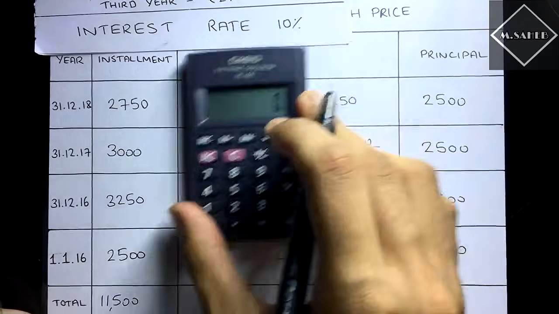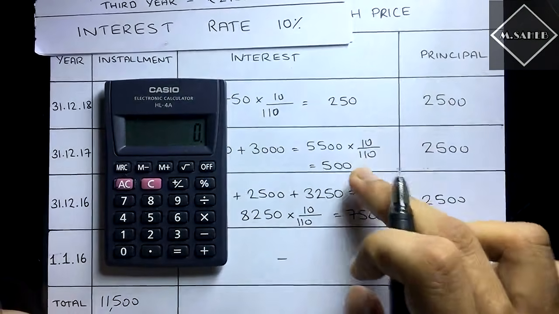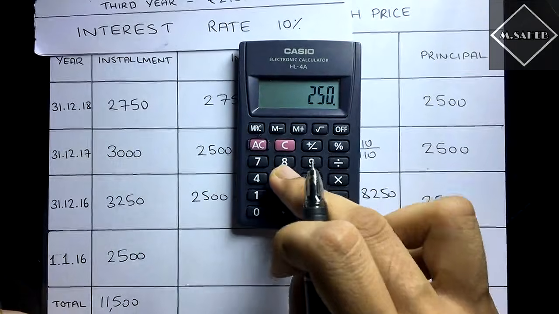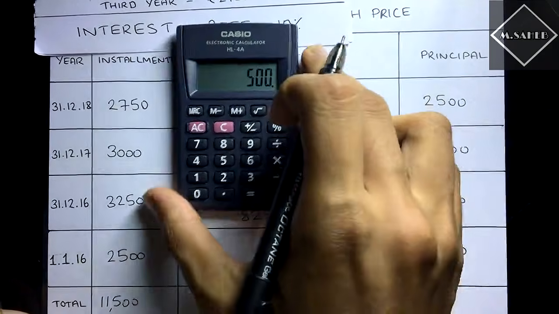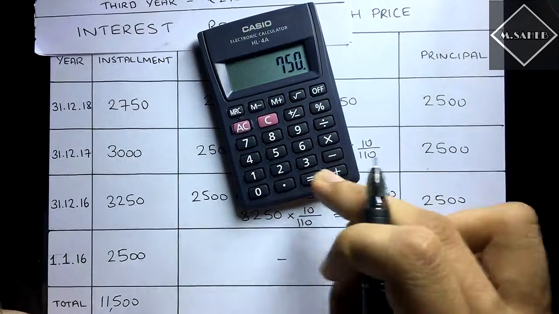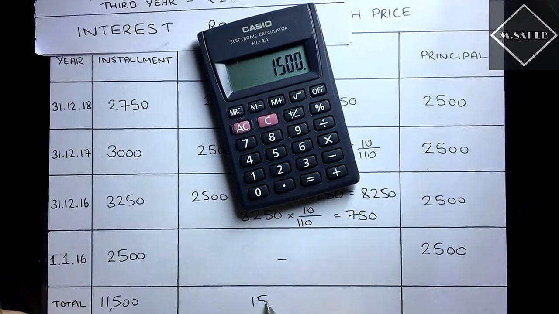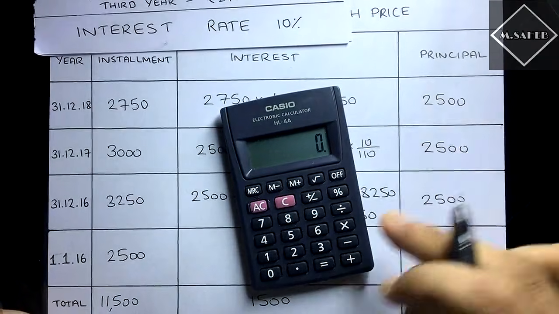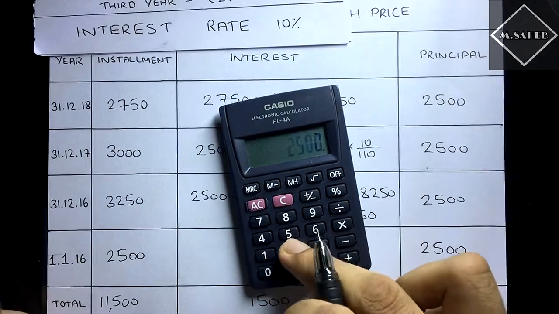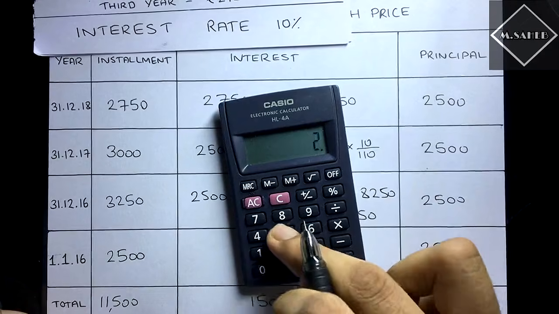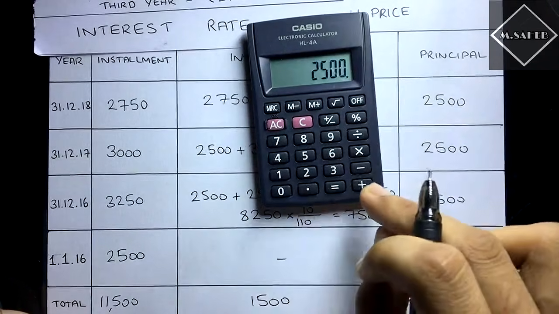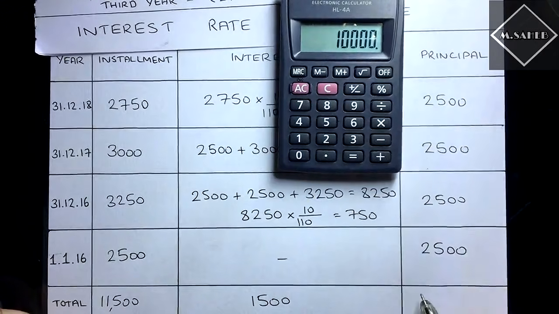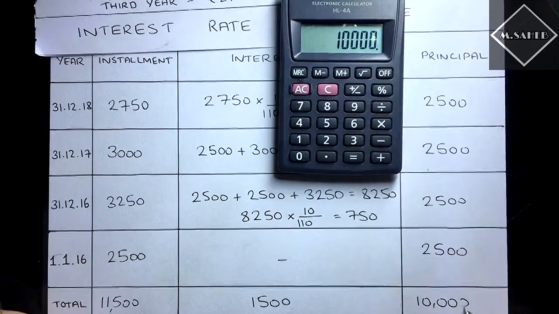And then interest total: 250 plus 500 plus 750, which is equal to 1,500. And then the principal total: 2,500 plus 2,500 plus 2,500 plus 2,500, which is equal to 10,000.